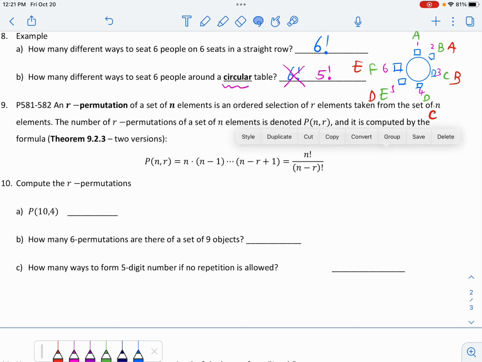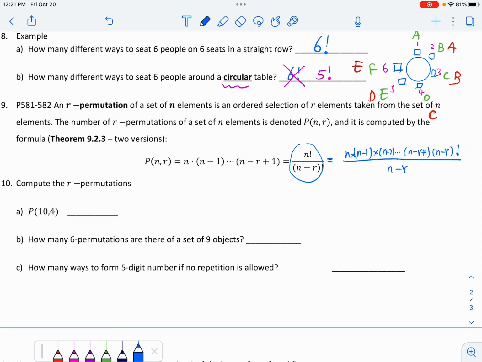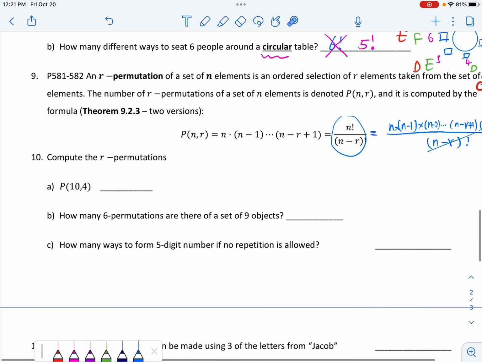And they're equivalent, because if you expand this one, it's going to be N times N minus 1 times N minus 2 times N minus R plus 1 times N minus R factorial. And the bottom one is N minus R factorial. They can cancel out, right? So therefore, you get this one. To me, this is more intuitive.